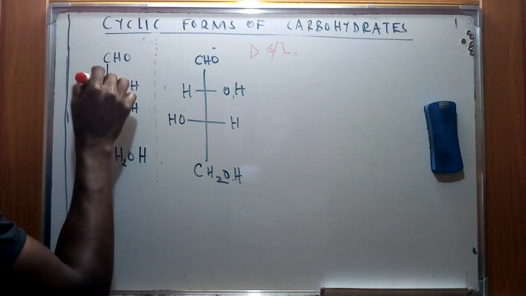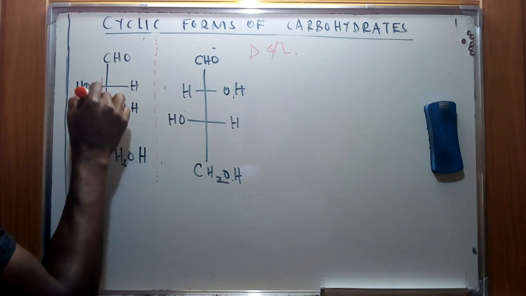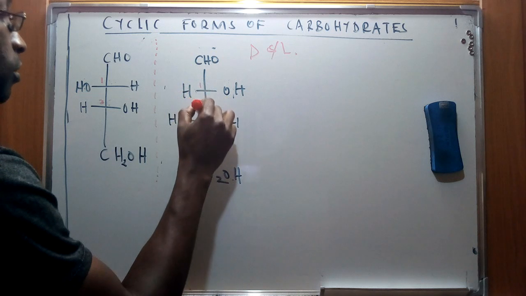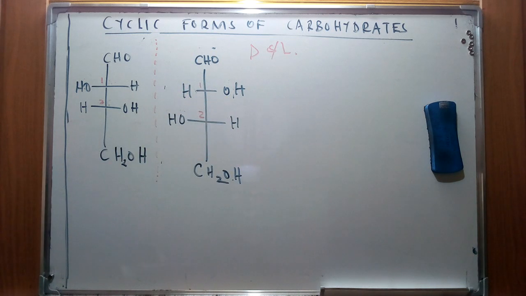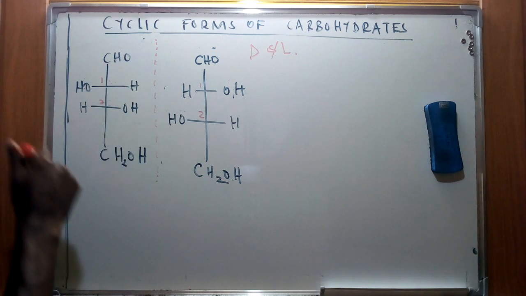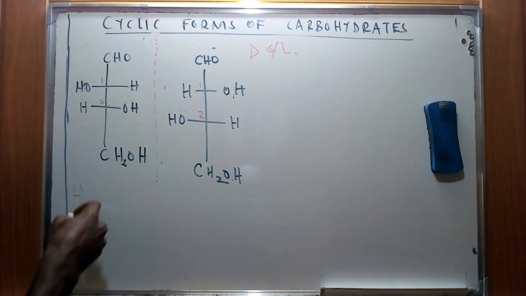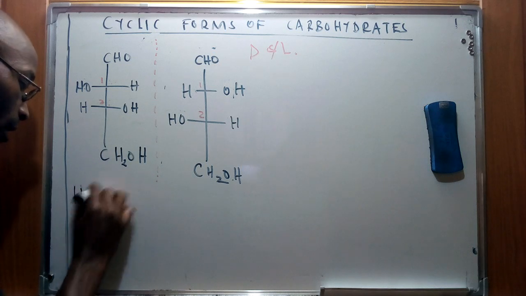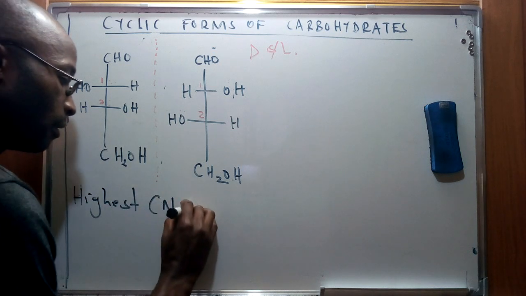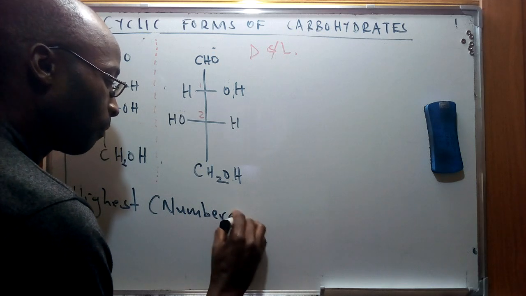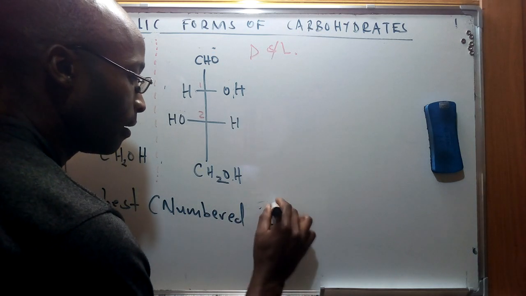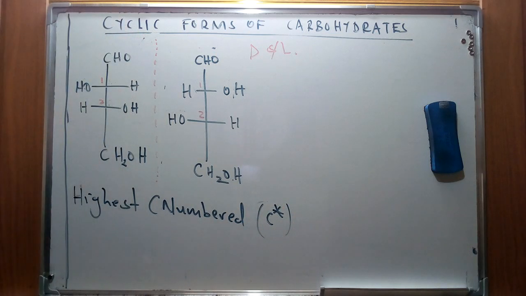So we have the stereogenic centers for this first one as 1, 2, and for this second one as 1, 2. We're going to consider the numbering of these stereogenic centers, and the stereogenic center with the highest number is going to be considered for the allocation of our D and L for the OH group substitution.